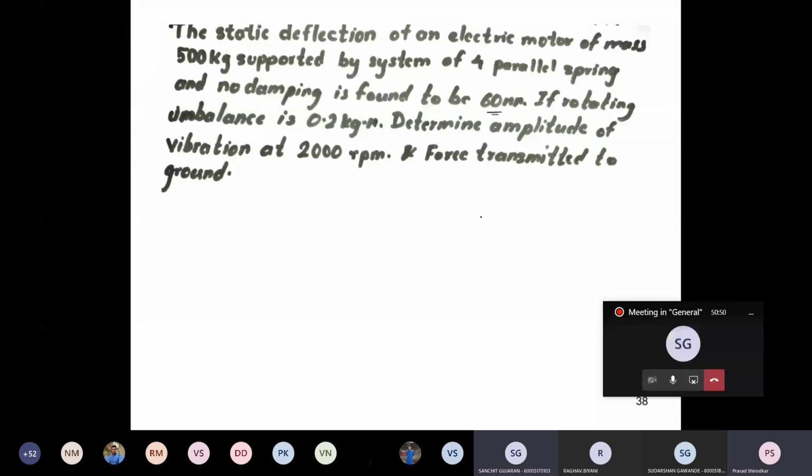If the rotating unbalance is 0.2 kg meter, determine the amplitude of vibration at 2000 rpm and the force transmitted to the ground. Right, so these two things you have to find out.